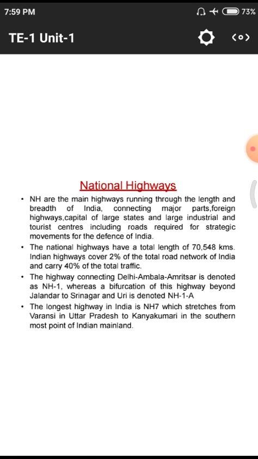National highways run through the length and breadth of India. That means throughout the length and throughout the width. If we assume India as a cross, a plus junction, throughout the x-axis and the y-axis we have these national highways connecting different important capitals and other major cities in India.